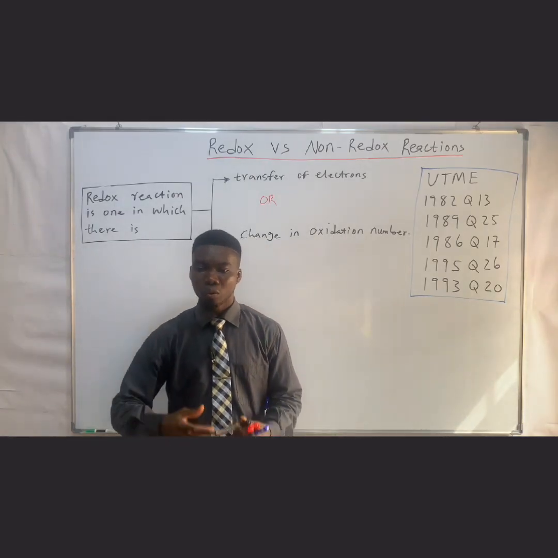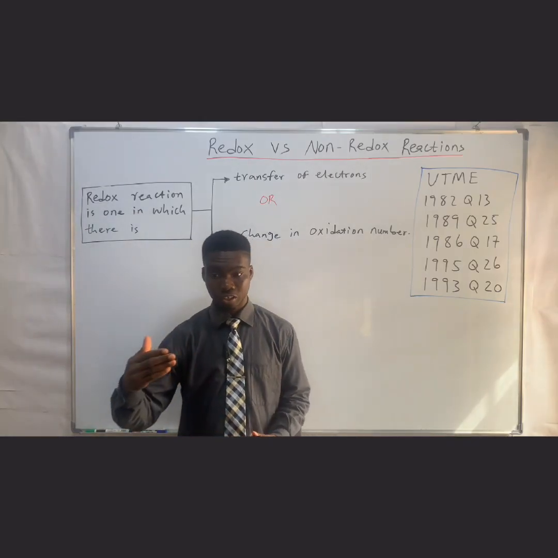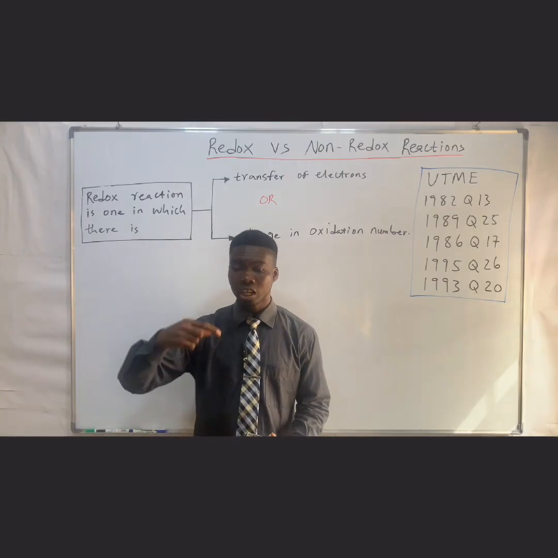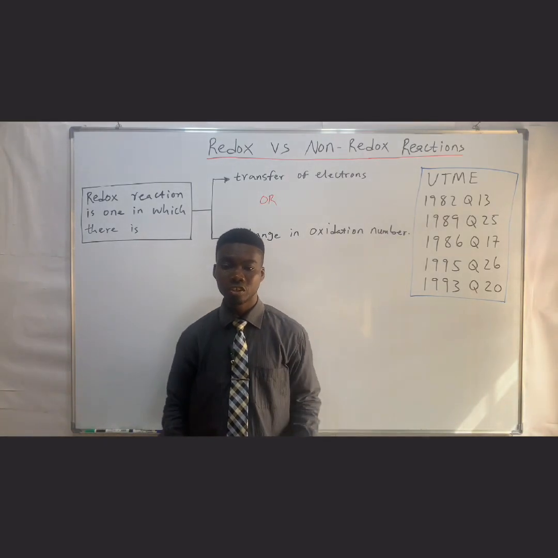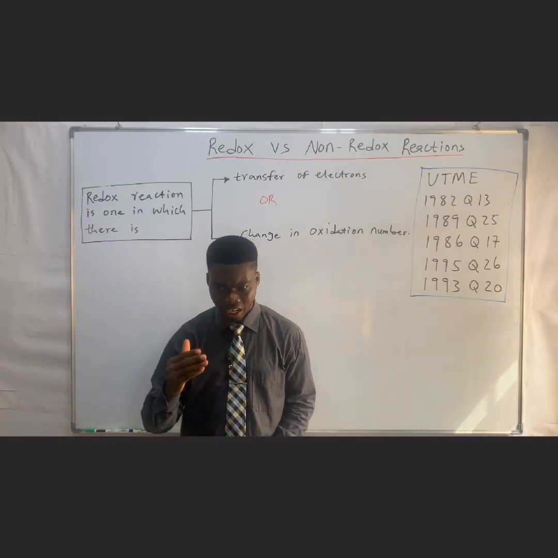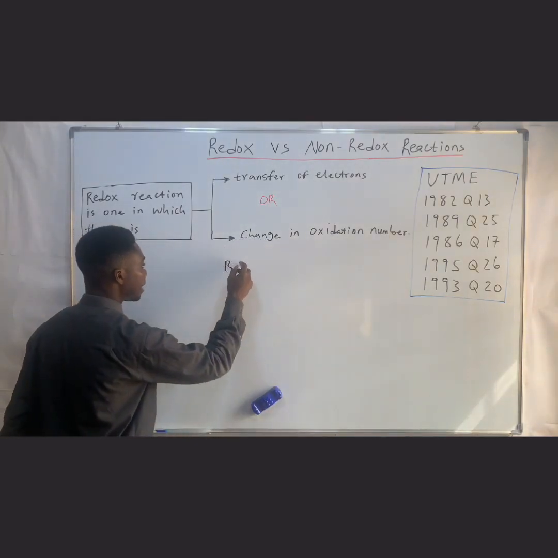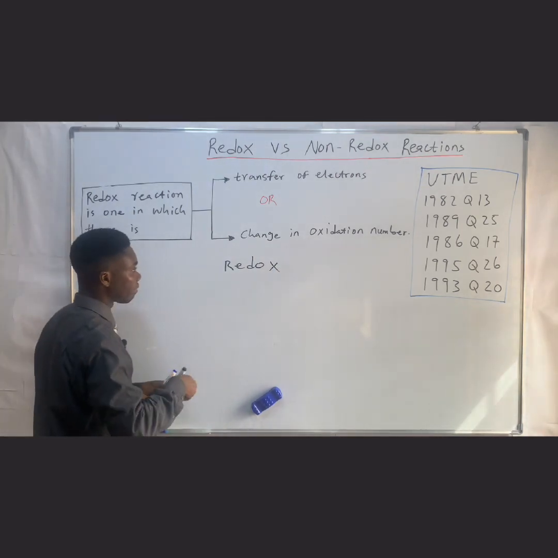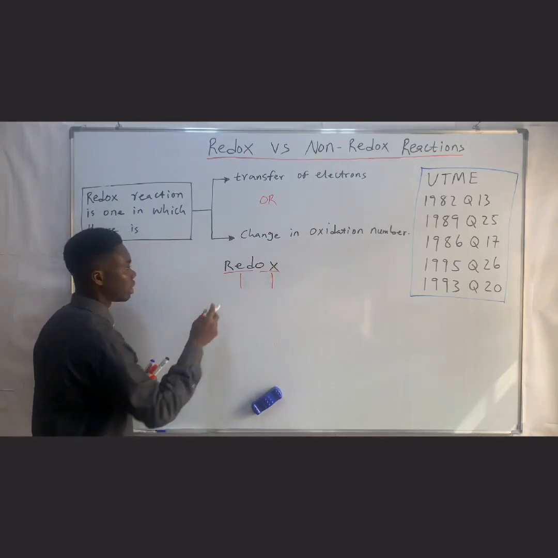So, what does that mean? When you see a particular redox reaction, there is going to be transfer of electrons and there's also going to be a change in oxidation number. The transfer of electrons consequently leads to a change in oxidation number. The term redox is made up of two words, red and ox.